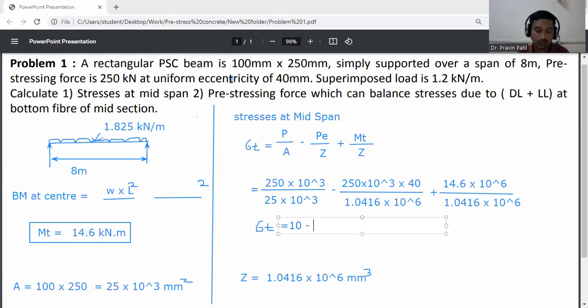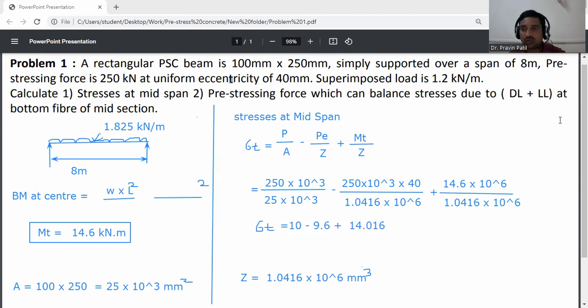Minus 250 into 10 raised to the power 3 into 40 divided by 1.0416 into 10 raised to the power 6, the second term, is 9.6. Plus the third term, 14.6 into 10 raised to the power 6 divided by the section modulus 1.0416 into 10 raised to the power 6, is 14.016.